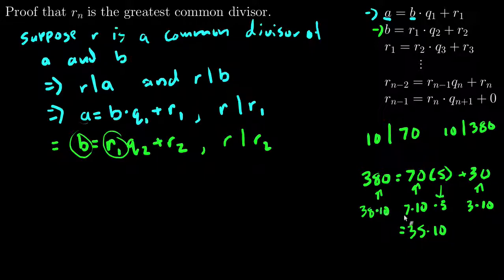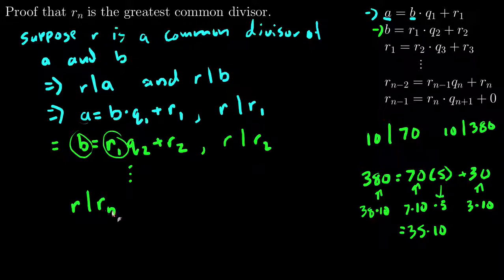And the only way to get from 35 times 10 to 38 times 10 is to have 3 times 10. So the fact that these two are divisible by r means that that also has to be divisible by r with that addition. This continues until we finally see that r has to actually divide r sub n.